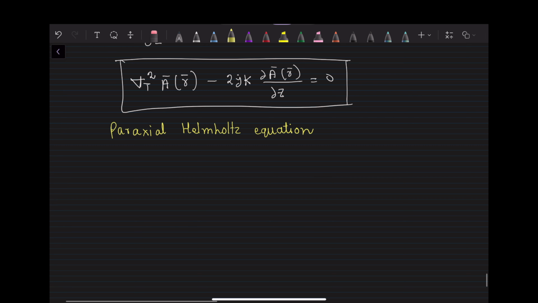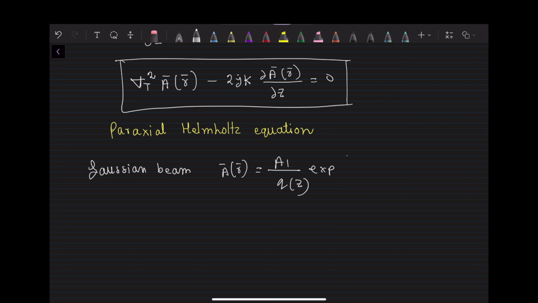So a Gaussian beam is something like this. There is an amplitude function q(z), you have rho square.